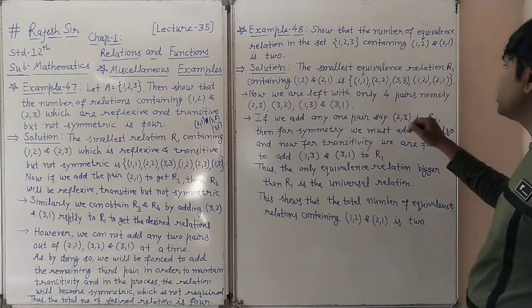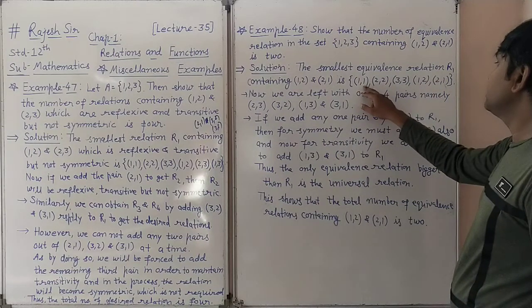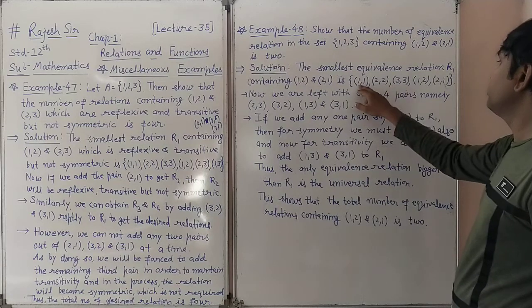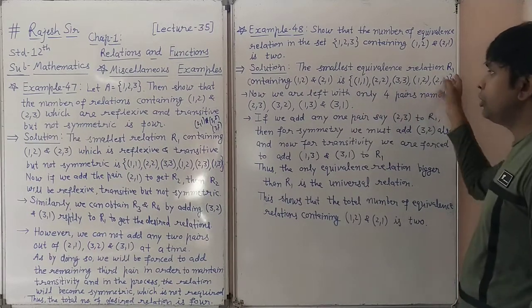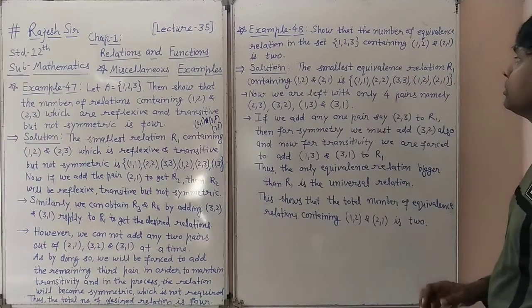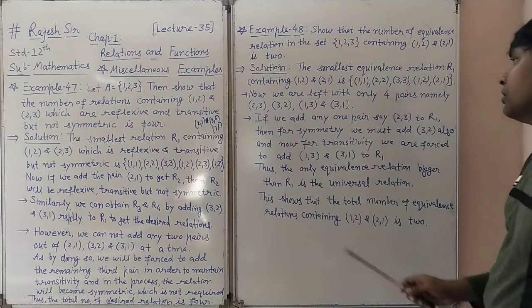And transitive, how does it show? If 1 1 and 1 2, then 1 2. So all the three properties we have here. So it is the smallest relation R1 we have.